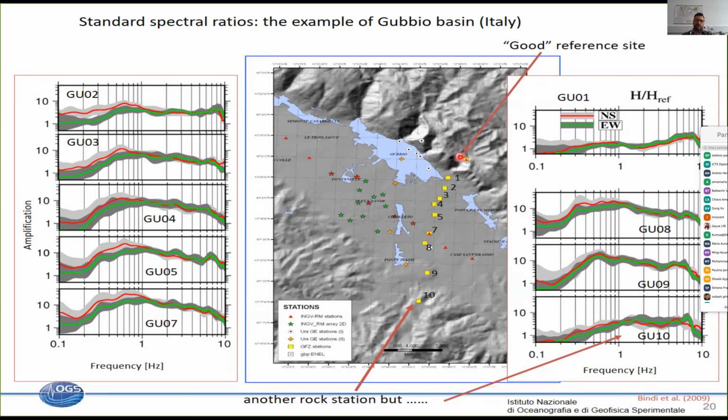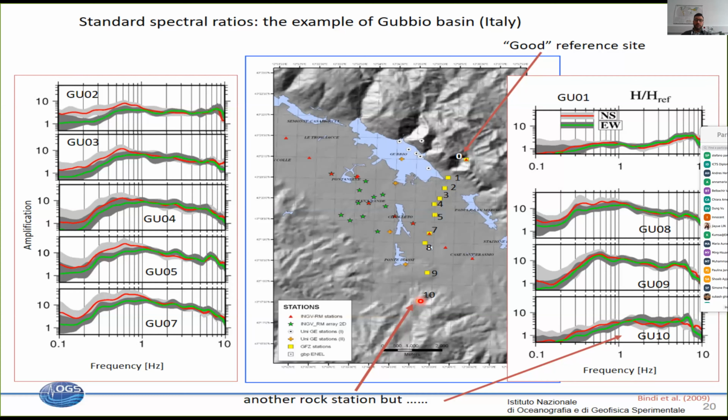And then you have several stations, 8 stations from 1 to 9 inside the valley and crossing the valley, so recording the shaking inside the valley. And the station number 10 is expected to be another rock site station. So we recorded many events.